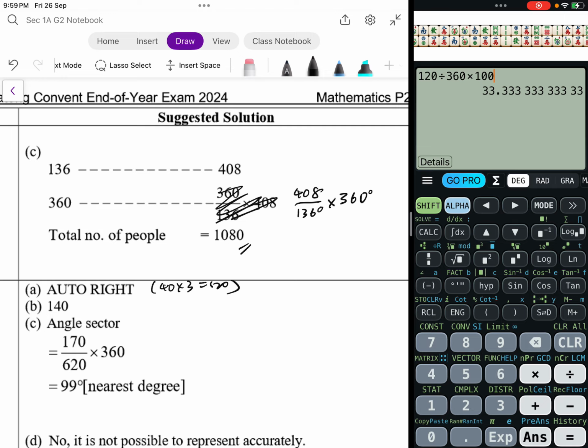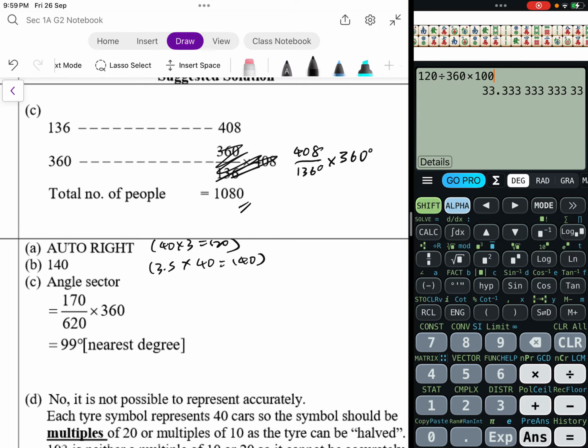How many cars visited Mobilizer? Mobilizer is 3.5, so 3.5 times 40, that's 140. If the information is represented on a pie chart, find the angle of the sector that represents the number of cars that visited Pandora tire shop.